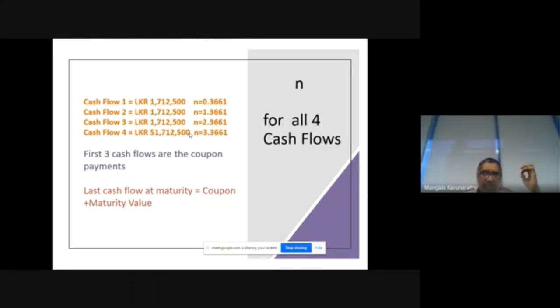I searched everywhere, on the web and all these places, for why they are called vanilla. One place I found, I don't know whether it's 100% correct, says vanilla bonds are the very basic type of bonds, because very basic types are called vanilla, like vanilla ice cream.